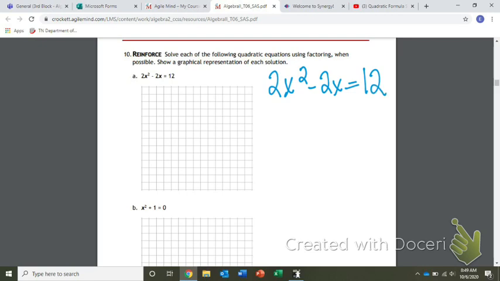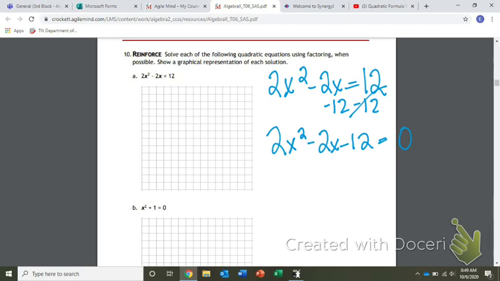Remember, all quadratic equations must be set equal to 0. So I want to move this 12 over. So I have 2x squared minus 2x minus 12 equals 0.